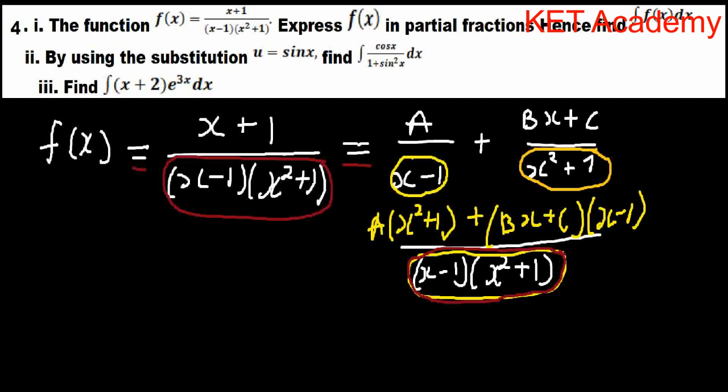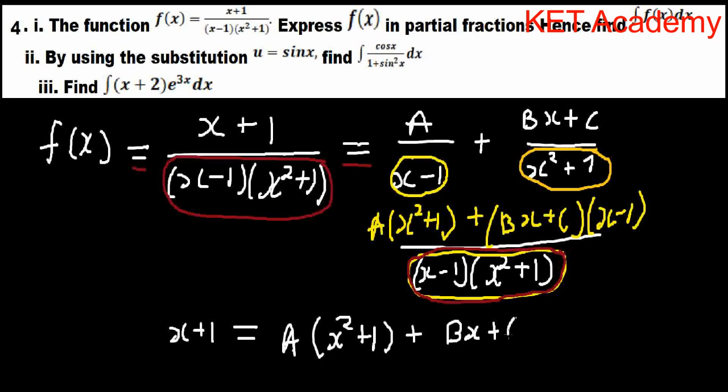So the next thing we need to write is, this implies that x plus 1 is the same as a into x squared plus 1, plus bx plus c, into x minus 1.